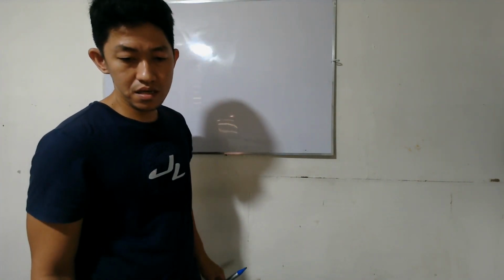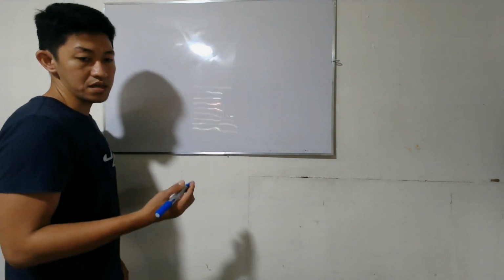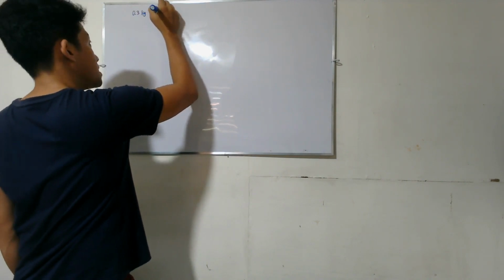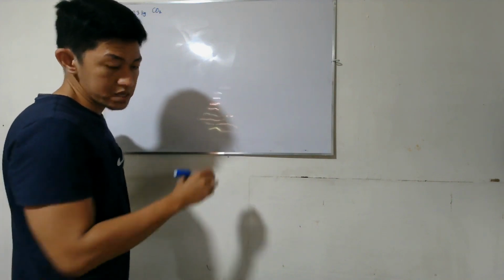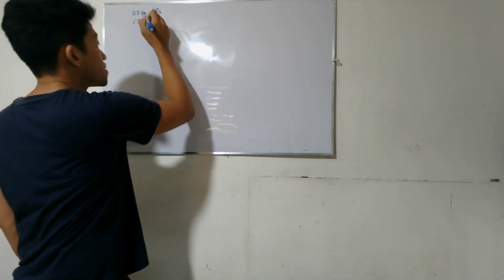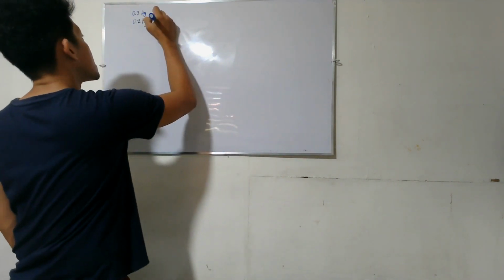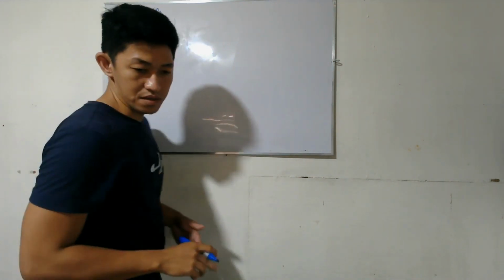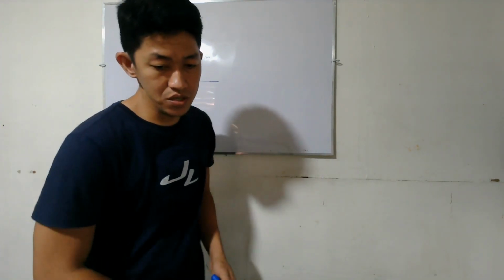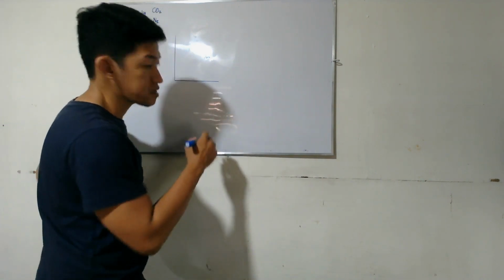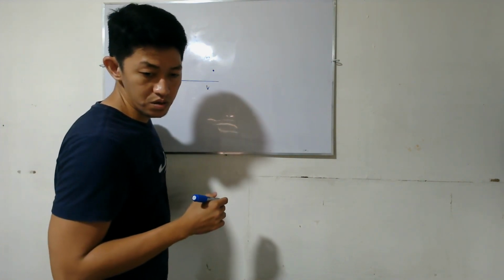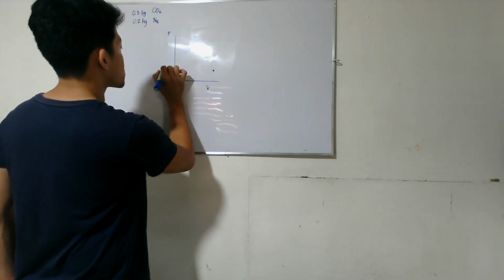Okay, so let's solve this example. You have a mixture of 0.3 kilogram CO2 and 0.2 kilogram of nitrogen that is compressed from a pressure of 1 bar.